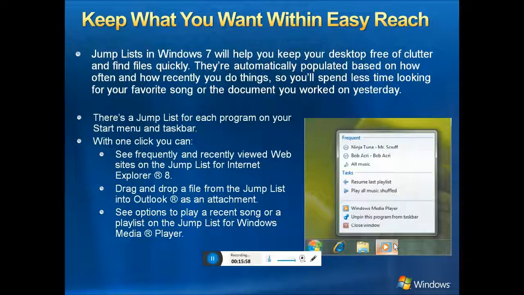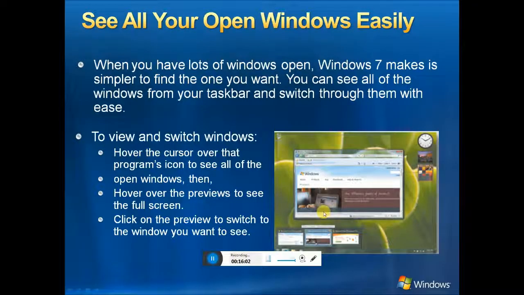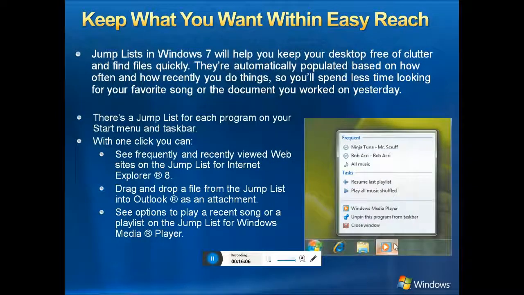Keep what you want. Frequently opened files and songs. Jump Lists keep your desktop free of clutter and help you find files quickly. They are automatically populated with options based on what you have recently done, so you spend less time looking for your favorite songs and documents you worked on yesterday.